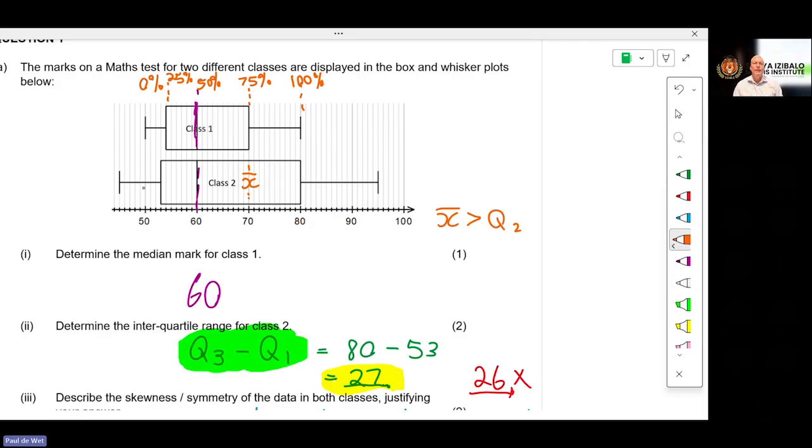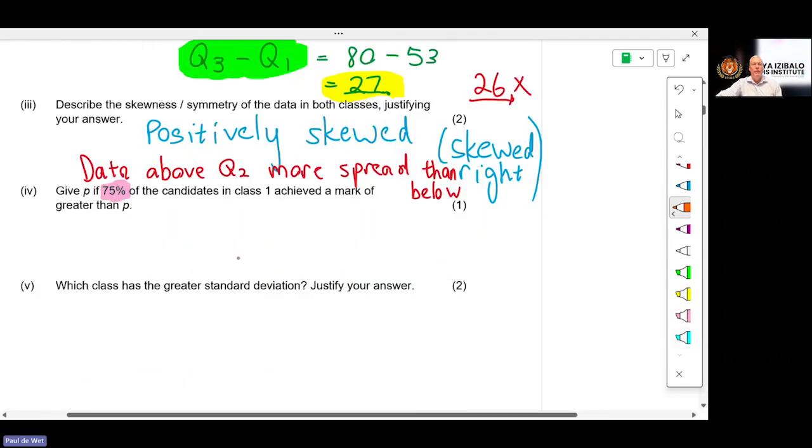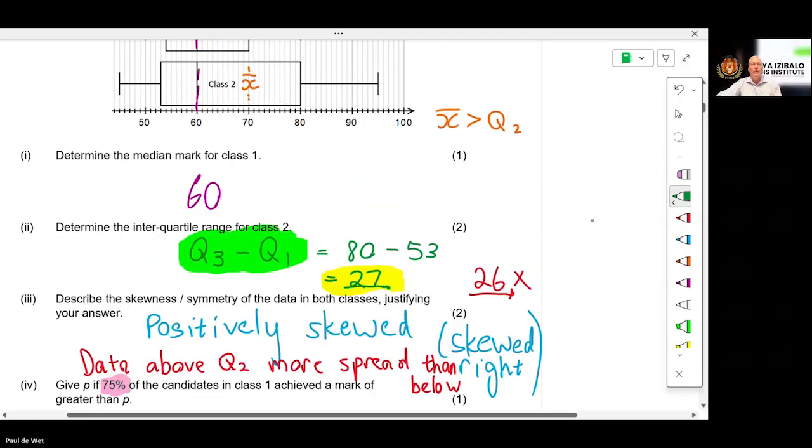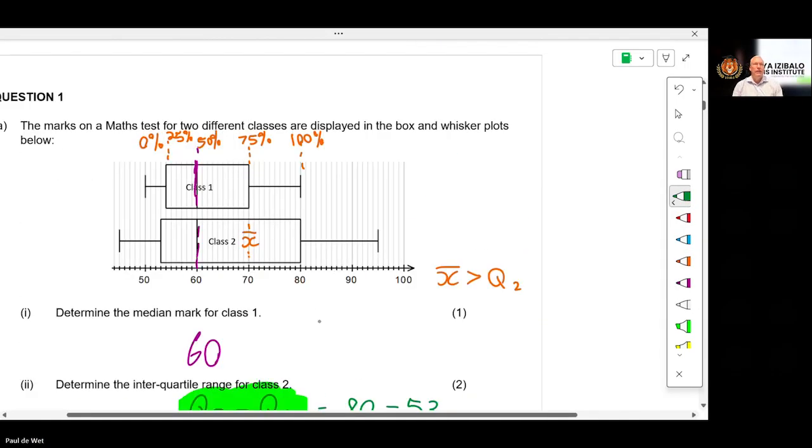So, what mark do we have that 75% of the learners get more than that mark? In class 1, 75% of the learners get more than that mark. Sure, guys, this is 25%. What's this mark over here?